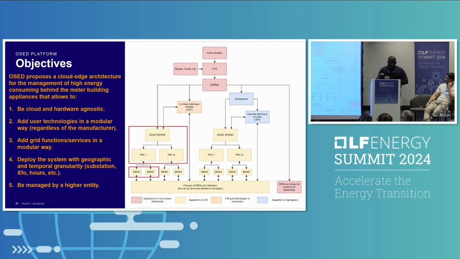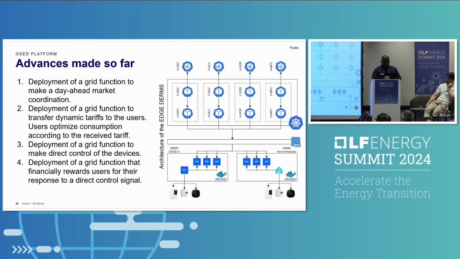So where are we? We are here. EDGE DERMS, we are here, EDGE, function 1, function n, and all those functions behind. The OSED platform is already the deployment of a grid function to make day-ahead market coordination.